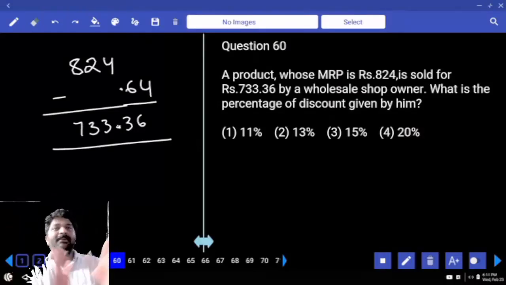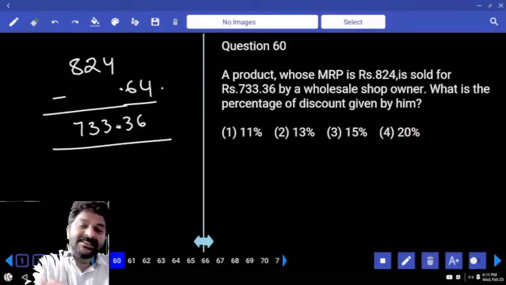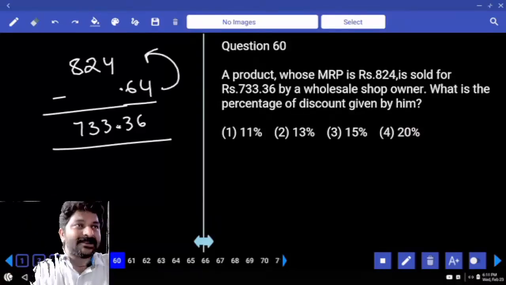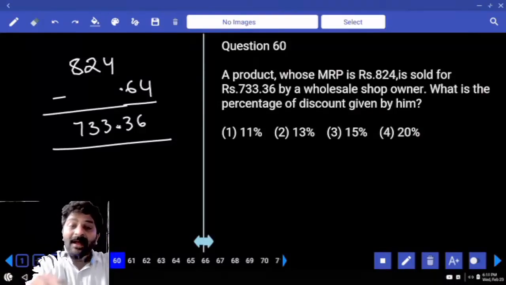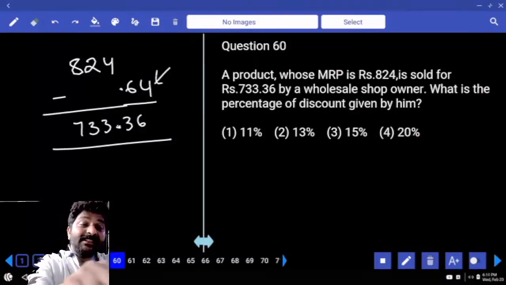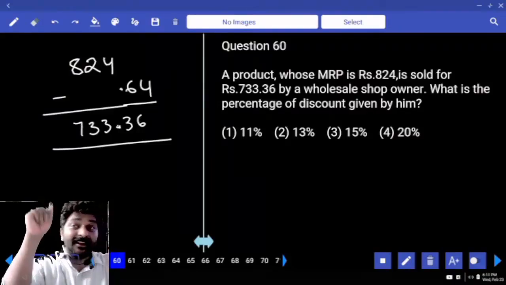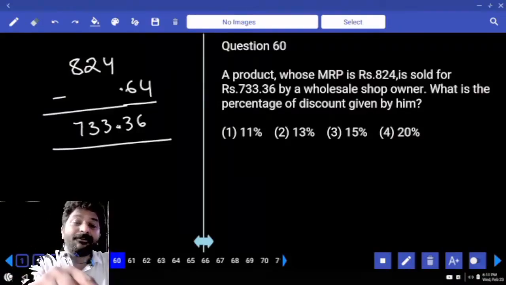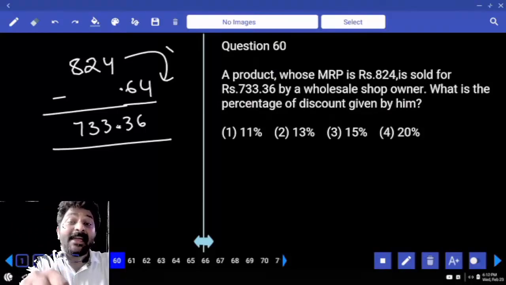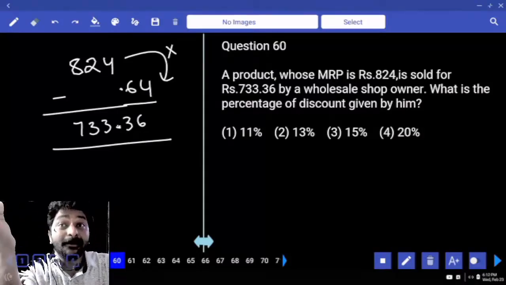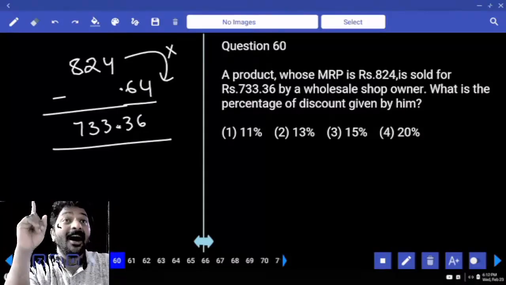This is sufficient for me to answer the question. This discount is offered on market price only. Market price ends with 4, and discount is calculated on market price only. 4 into which number ends with 4? 4 multiplied by which number ends with 4? Either 1 or 6.